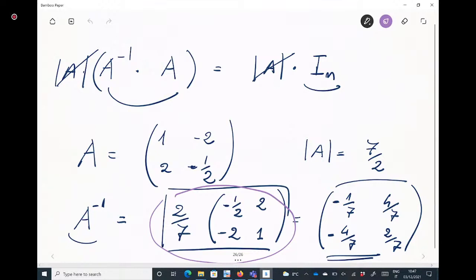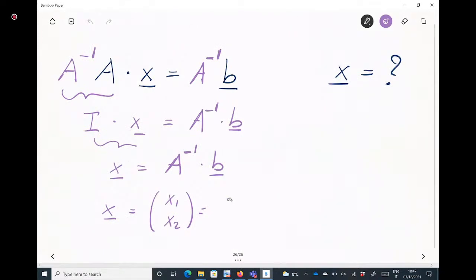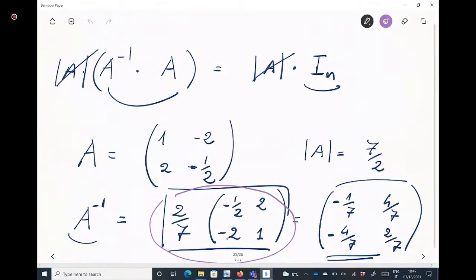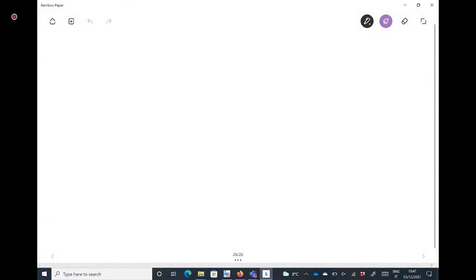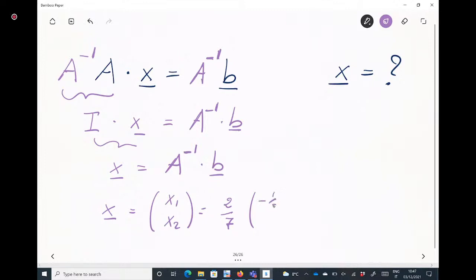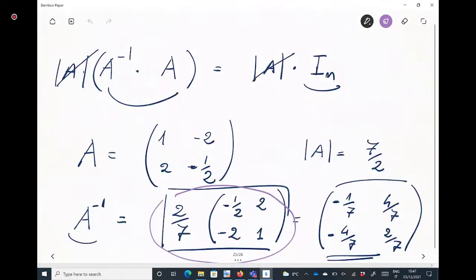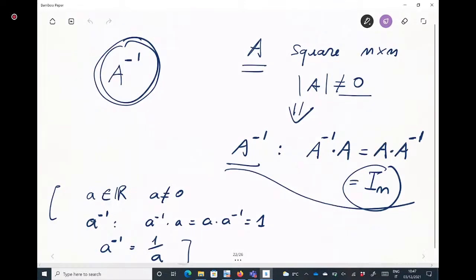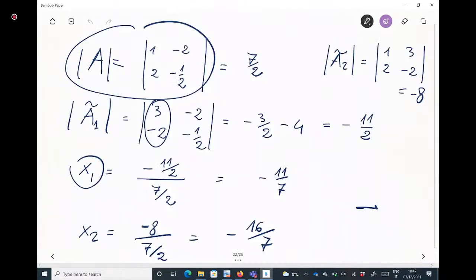So it's 2 over 7 times minus 1/2, 2, minus 2, 1, times B. What was B? Vector B was 3, minus 2.